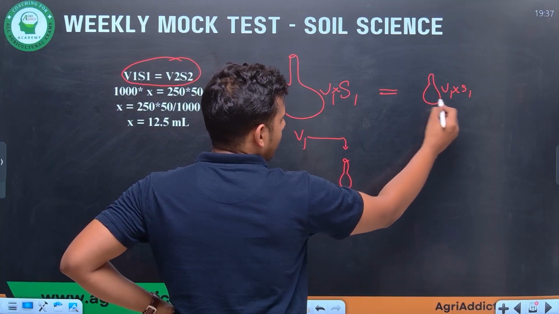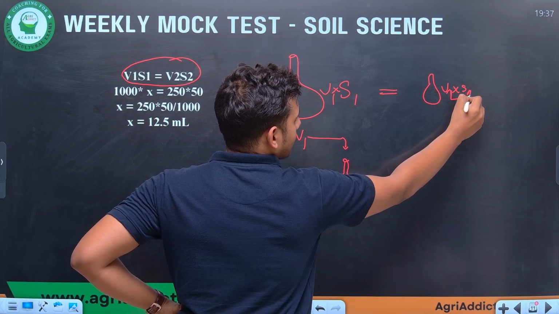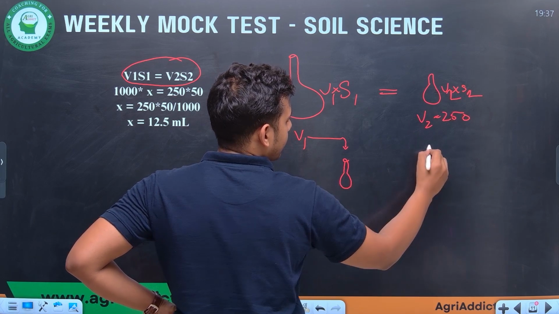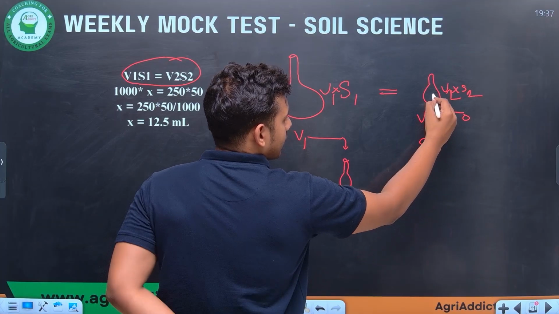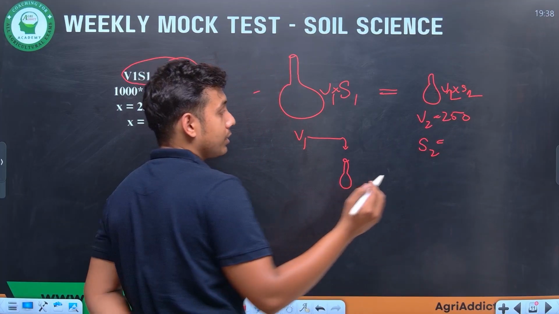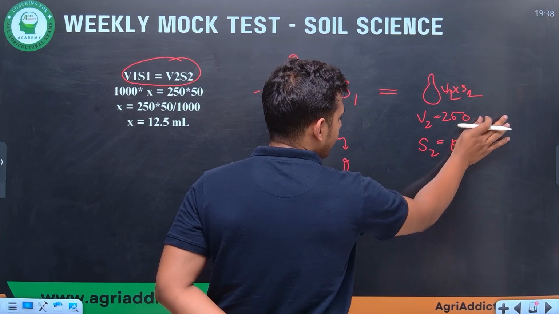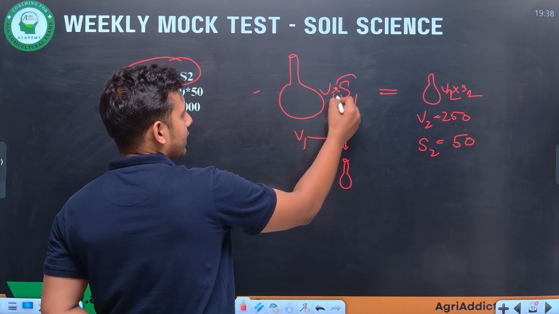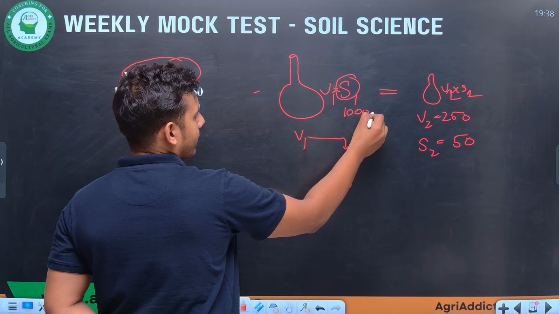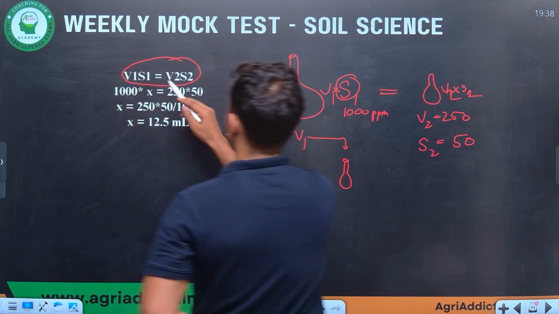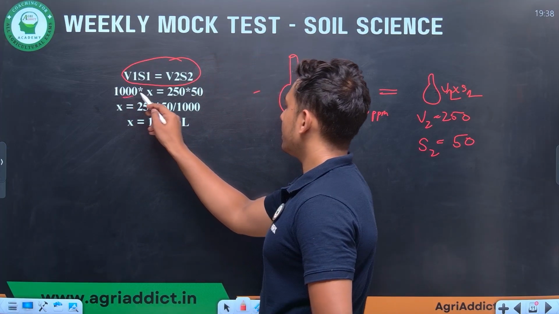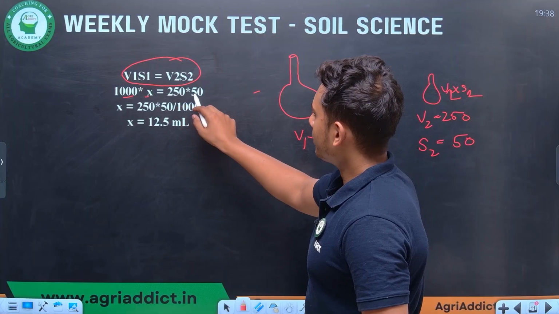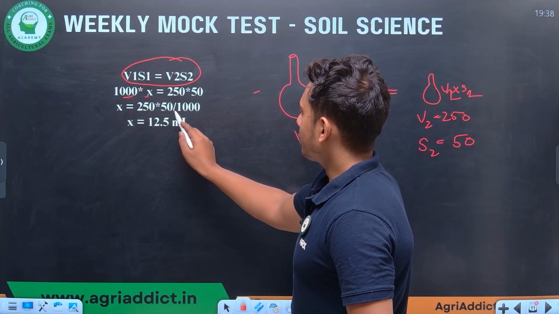So here V2 S2. Here V2 is 250 ml. S2 is the final concentration, which was 50 ppm. And here S1 is 1000 ppm. By this equation we can calculate: 1000 into x, where x is the volume that we should take, equals 250 into 50, then x is 12.5 ml.